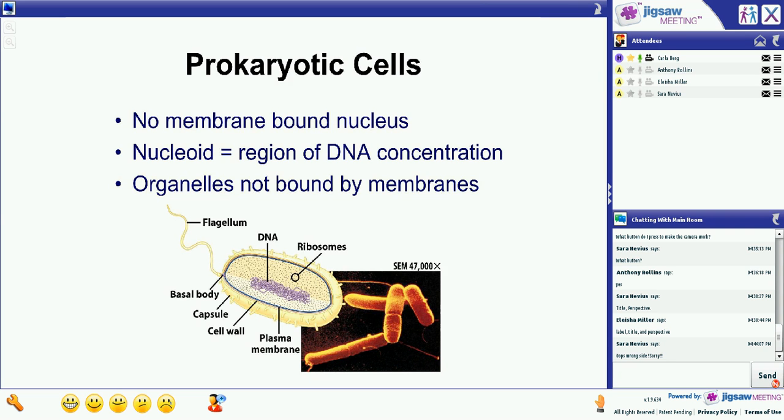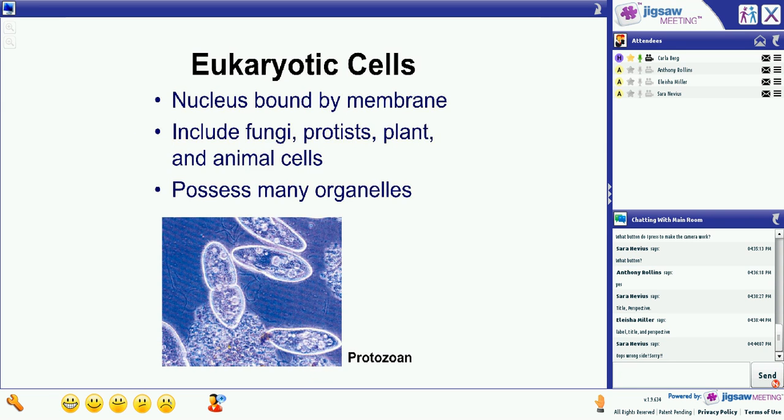A nucleoid is a region of DNA concentration. Organelles are not bound by membranes. And eukaryotic cells have a nucleus bound by a membrane. They include fungus, protists, plants, and animal cells, and they possess many organelles.